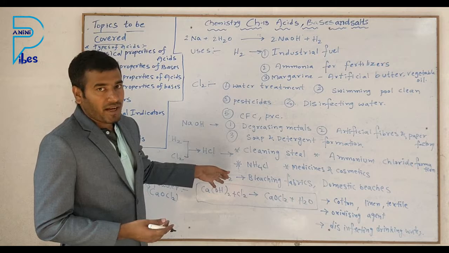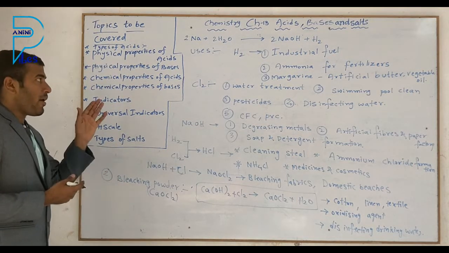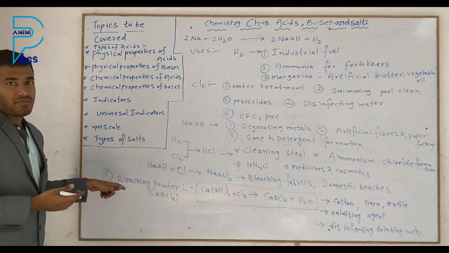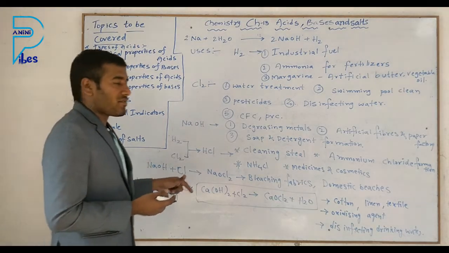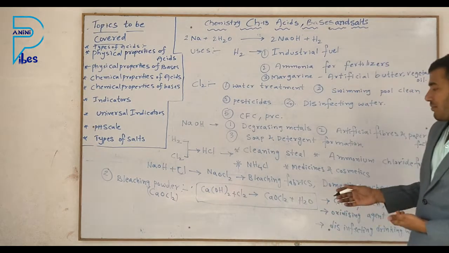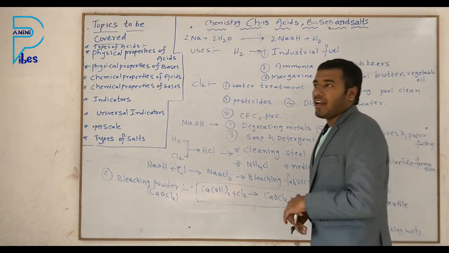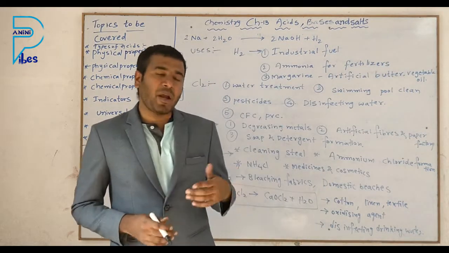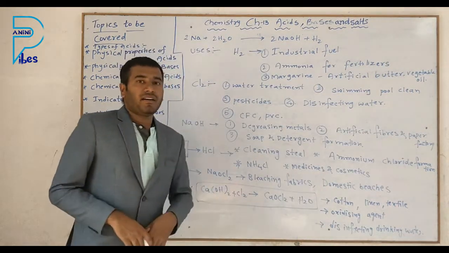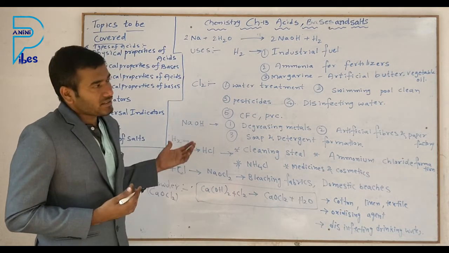Next, bleaching powder is also a salt: calcium hydroxide mixes with chlorine to give calcium oxychloride plus water. It is used in the cotton, linen, textile and paper industries, and to remove infection from drinking water. In this way we use these salts.